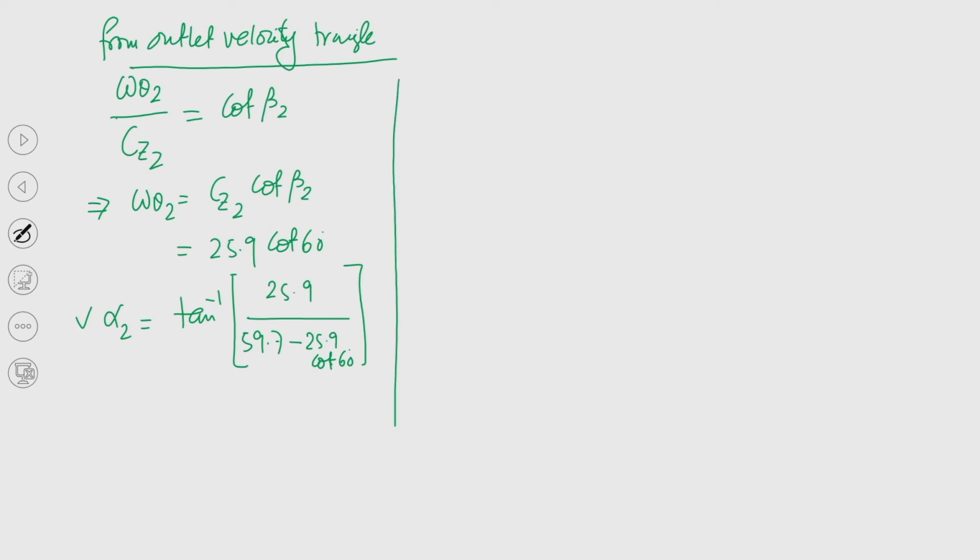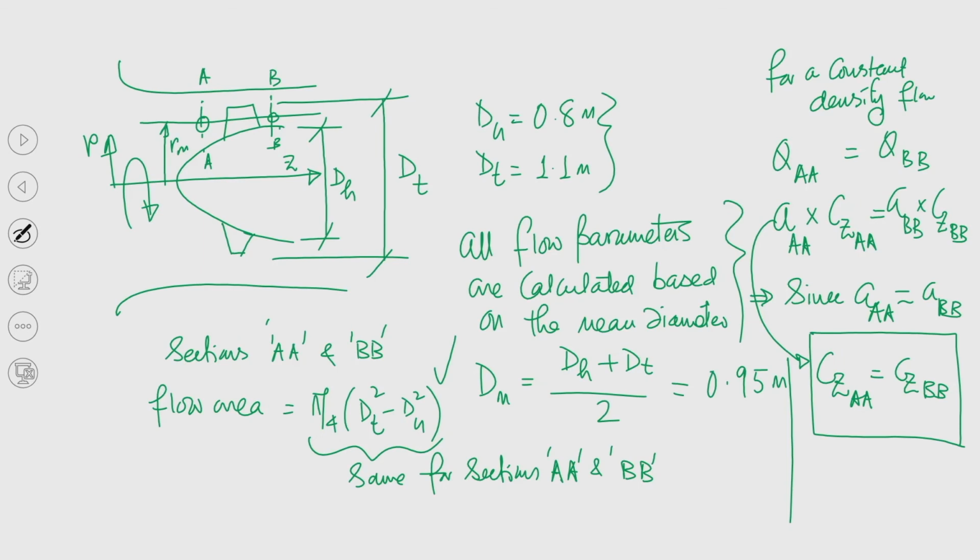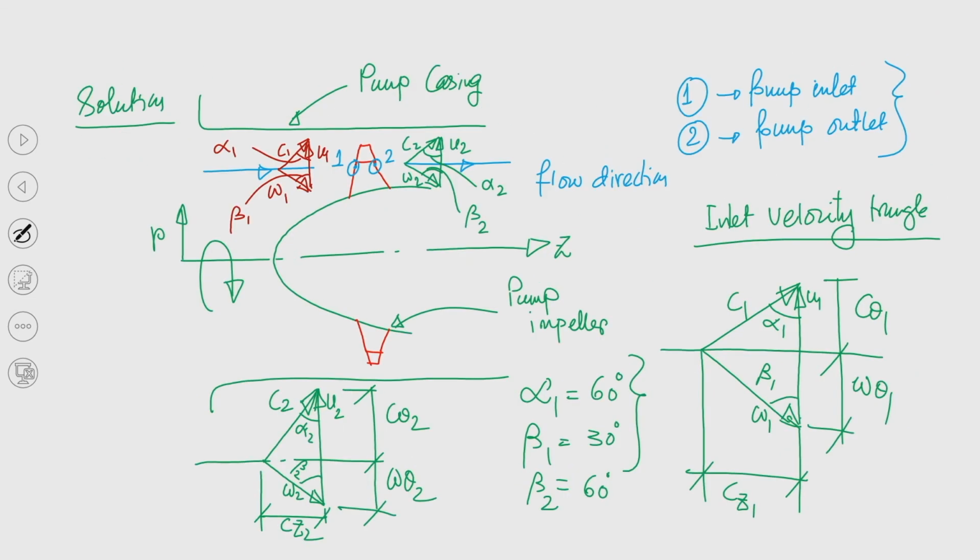Next, what we need to calculate, this is very important. Till now I have tried to look at the velocity triangle and from the data given to calculate all the velocity components. If we know alpha 1, beta 1, alpha 2, beta 2, and I have already calculated u1 and u2, then we can calculate all the velocity components.